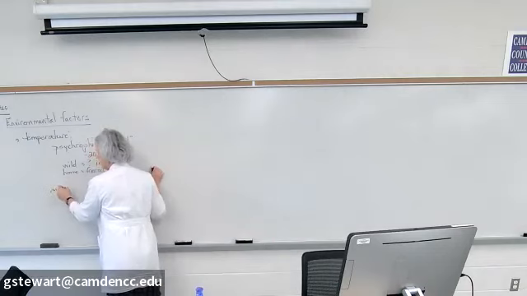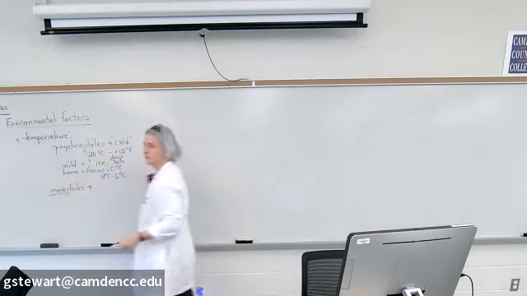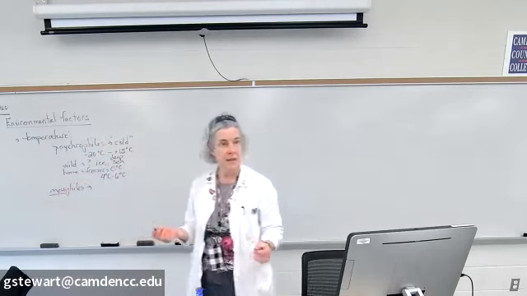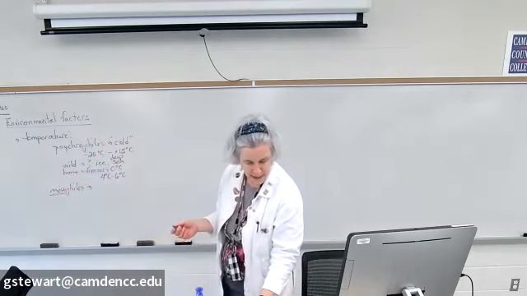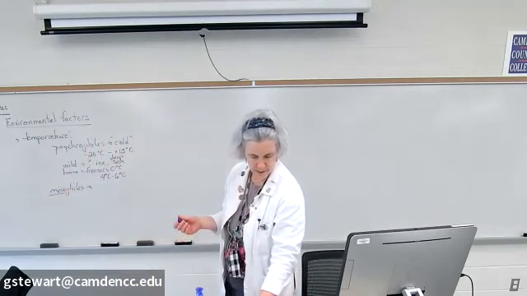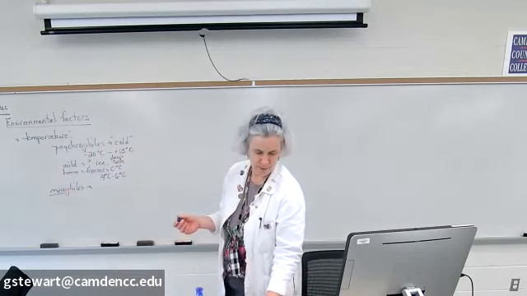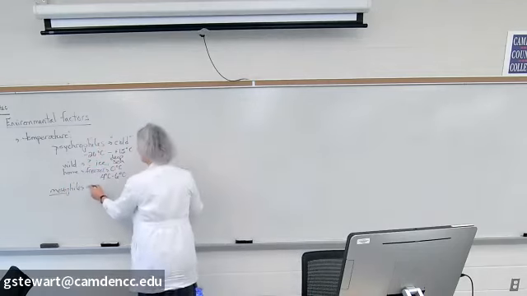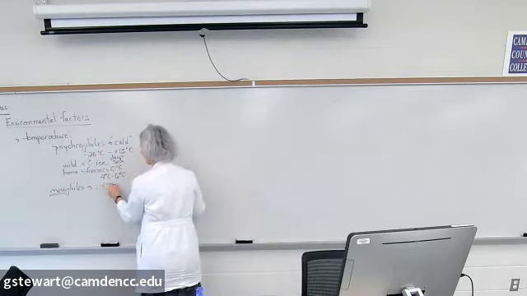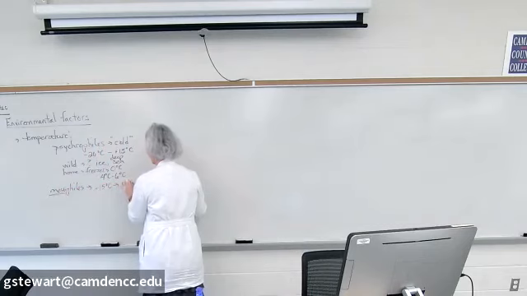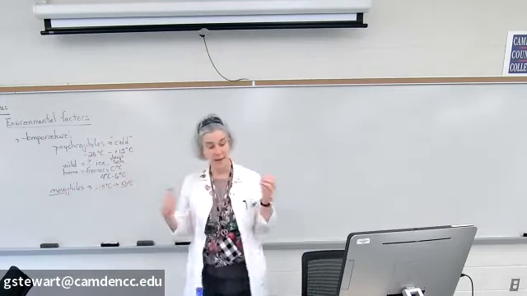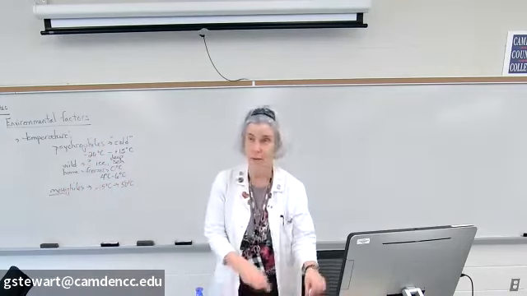Mesophiles, what do you think they like? Moderate temperatures, yeah, the middle. Let's see, psychrophiles, psychrotolerant, mesophiles, green. Looks like they've got about plus 15 to 50. And then again, where would you find them in the wild?